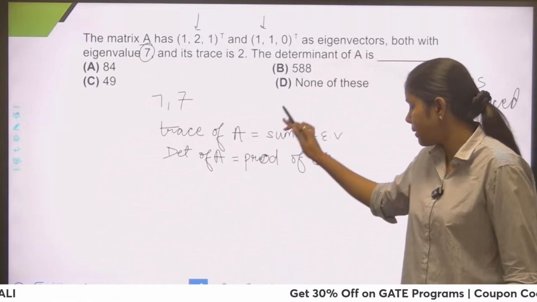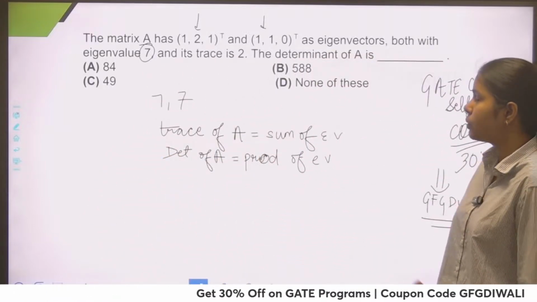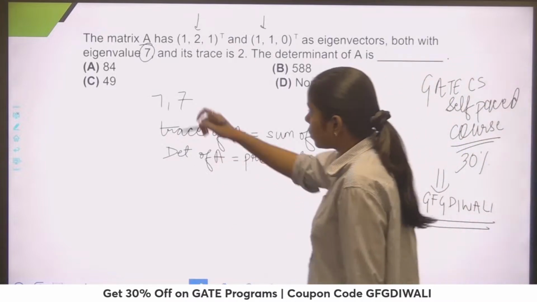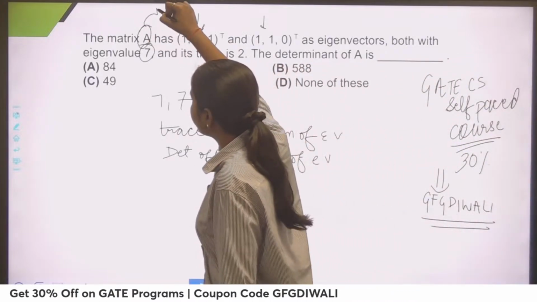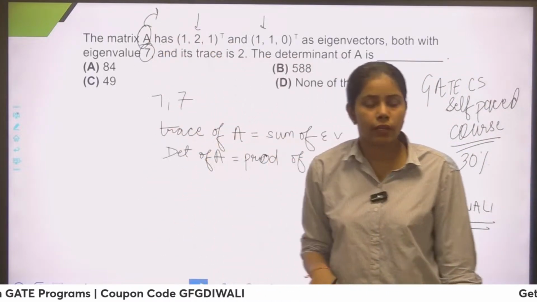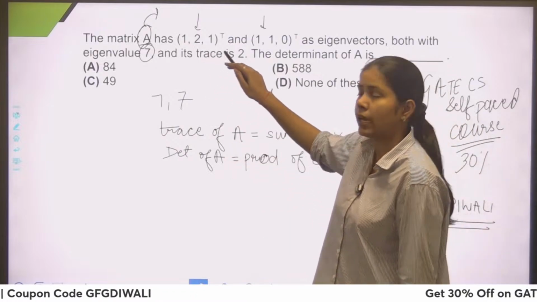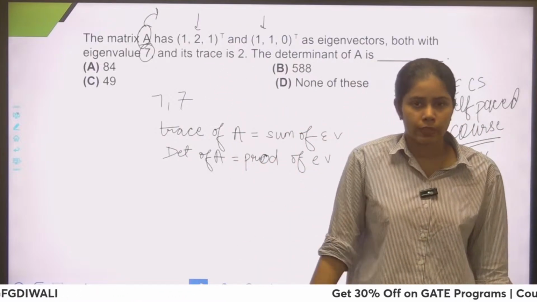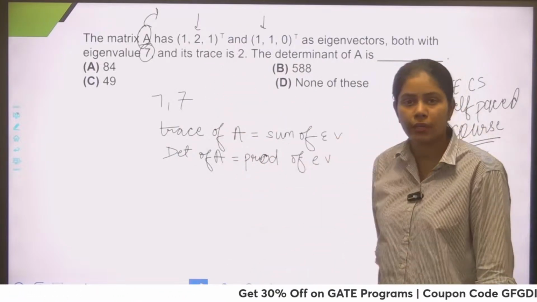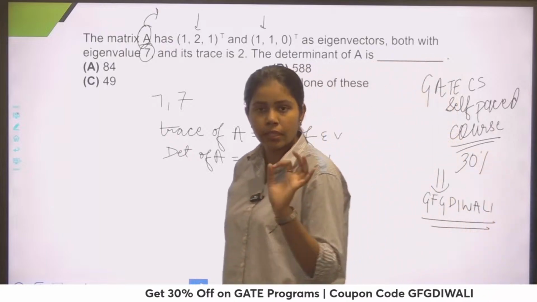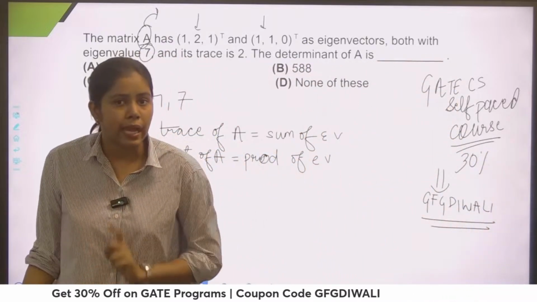So guys, as you know, trace of A is equal to the sum of eigenvalues, but we want to know how many eigenvalues A would have. A would have 3 eigenvalues. Why? Because we are getting an eigenvector of order 3 cross 1. So that means A is a 3 cross 3 matrix and A has 3 eigenvalues.